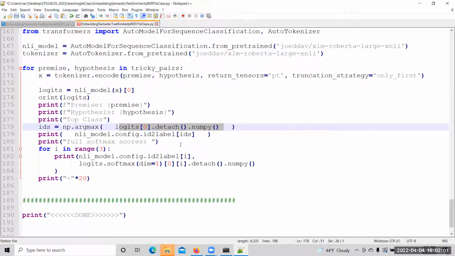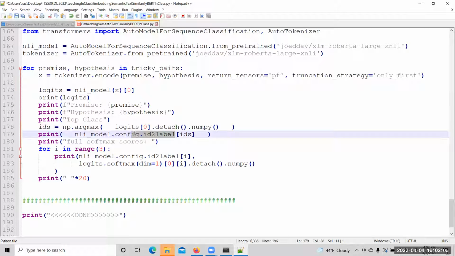And then from those IDs, we run them through the dictionary ID to label, so that will give us the label that we want. So this gives us the ID 0, 1, 2, plug in 0, 1, 2 in here with one of the 3, and then it'll give us the label, which would be neutral, contradiction, or entailment from the NLI model configuration parameters.